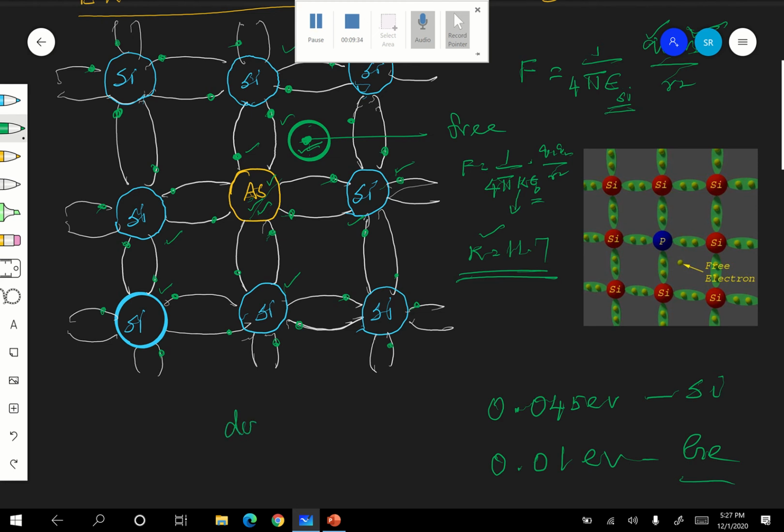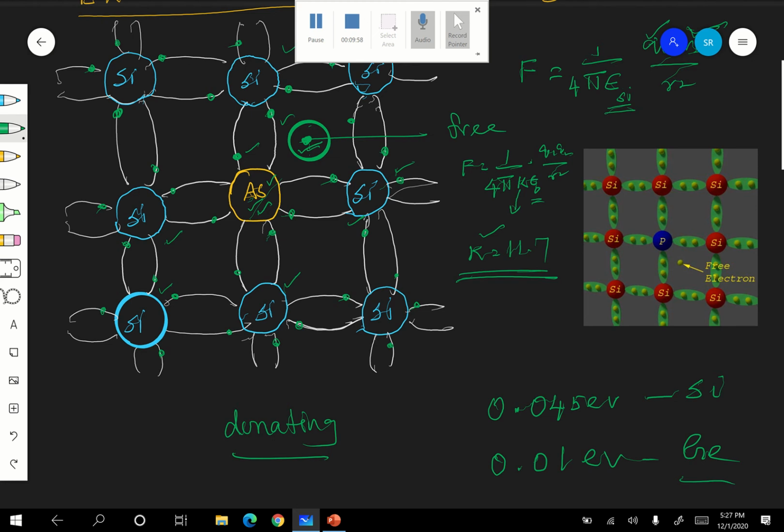It is donating one free extra electron. Why extra electron? In the case of an intrinsic semiconductor at room temperature, and we are dealing here with room temperature, some of the electrons will jump from the valence band to the conduction band.